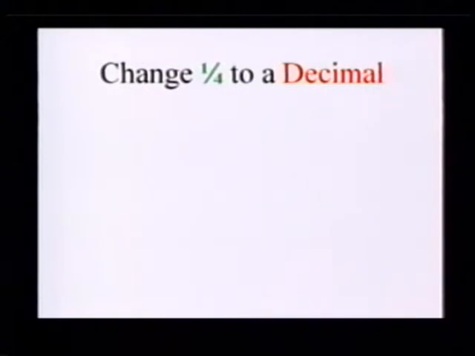For instance, if we wanted to change 1/4 into a decimal, we go 1 divided by 4. Now we do have to bring in some decimal points, okay, because we need some spaces. Well, let's see. 4 into 1 goes zero, so not a factor. 4 into 10 goes twice, okay?